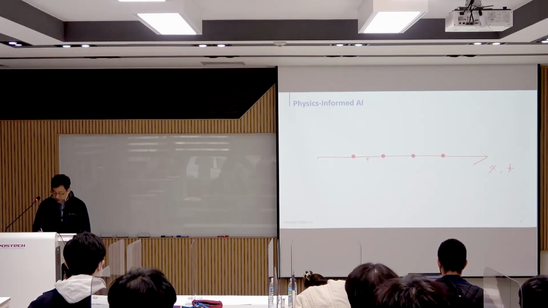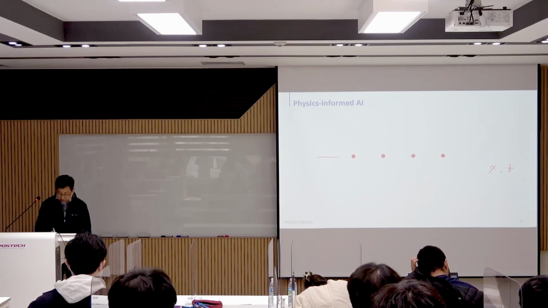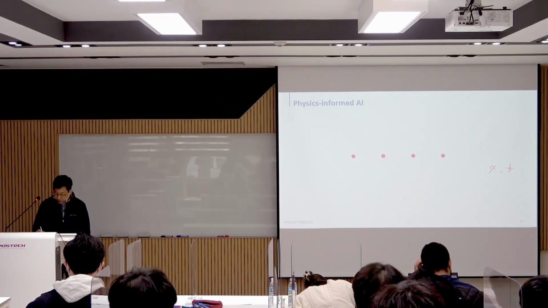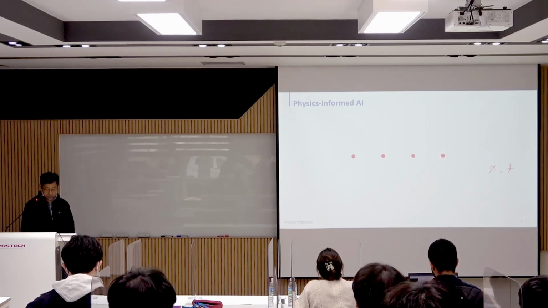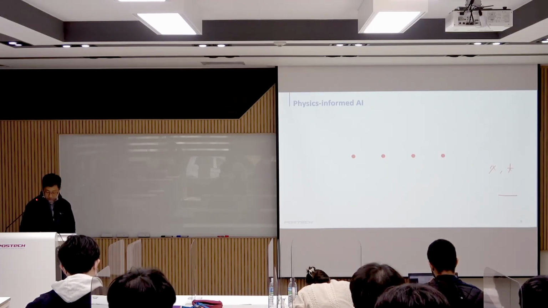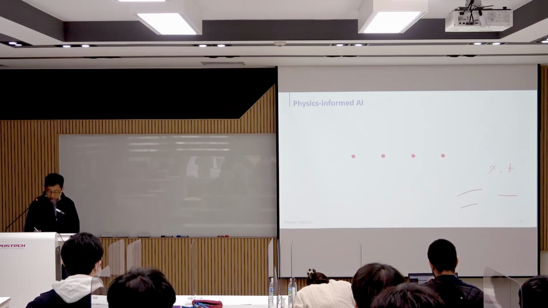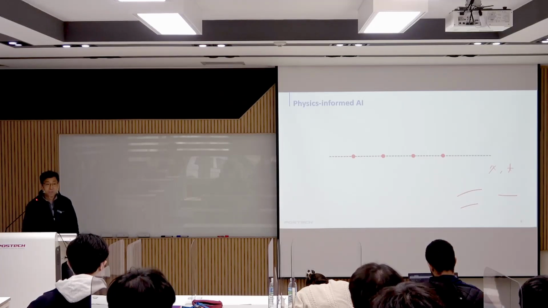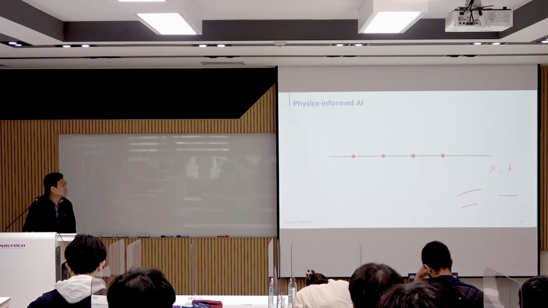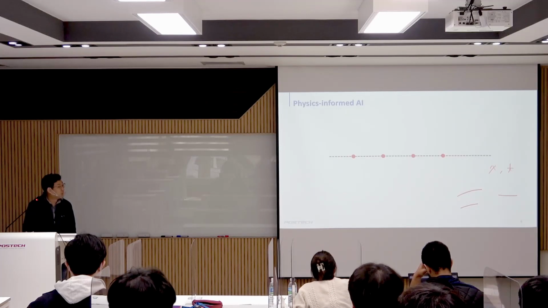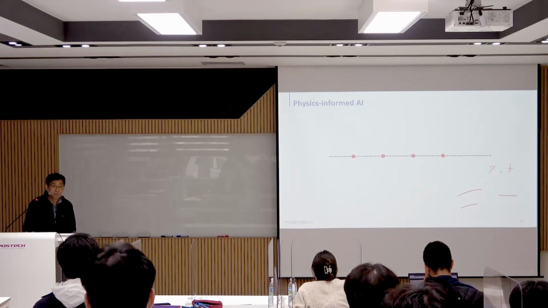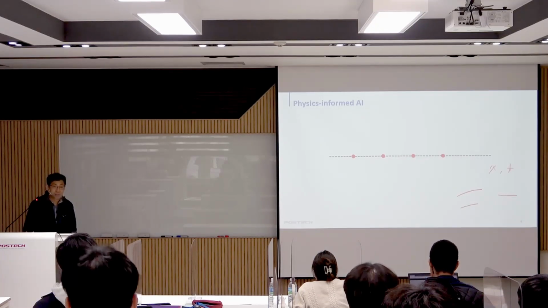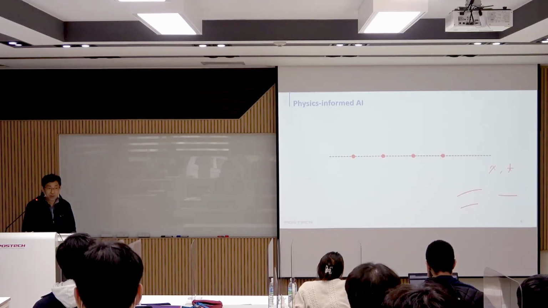And I guess it's not that difficult to see that the best thing we can do, this is going to be the best approximation out of the training data set, right?